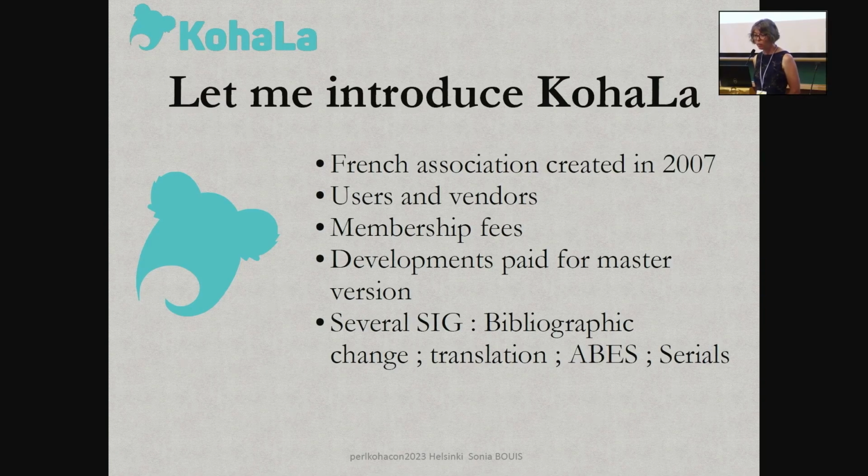For a few years, we began to have special interest groups: one for translation, one for bibliographic changes to LRM, one for serials, and one about the exchange between Koha and the ABES tools.